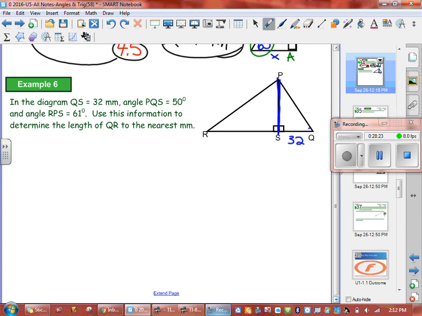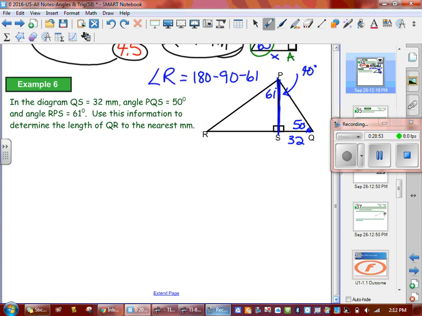The reason it has to be 40 is every triangle has to add up to 180 degrees. Angle RPS is 61 degrees, so that angle's 61 degrees. And I can find angle R by going 180 minus 90 minus 61. Now, we need to find Q to R, this whole length. So I need to find this part first, and then I can add it to the 32 I already have.